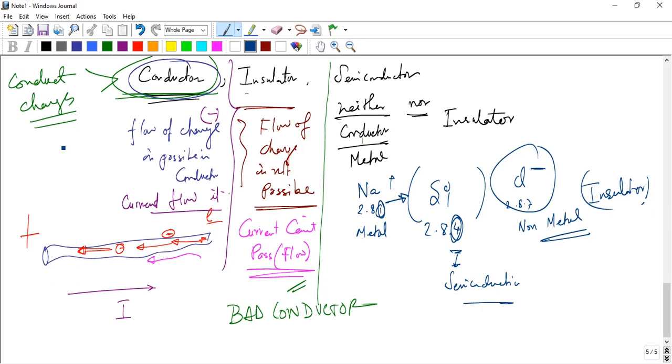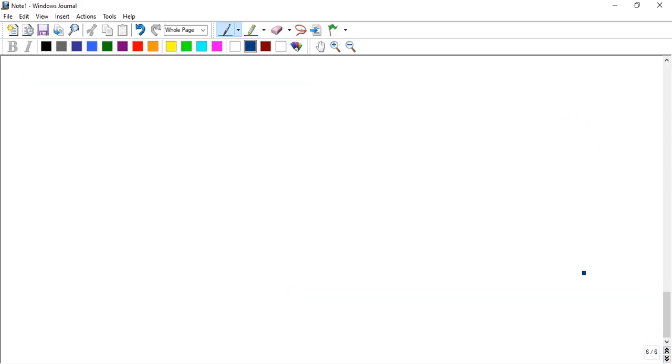Next topic we discuss is induction. So what is induction? Induction is another important thing. Suppose we take two metal balls, A and B, and they touch each other.